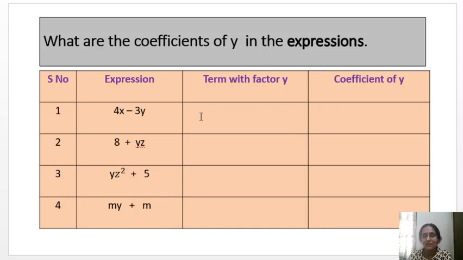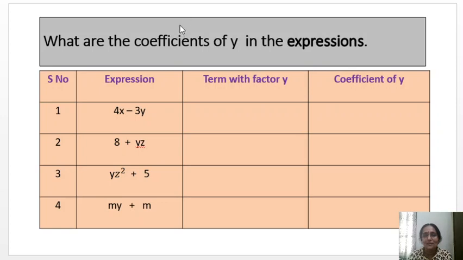Now in these given expressions, what are the coefficients of y? You have to identify the term with y first, then write the coefficient of y. It is slightly different from the previous sum.